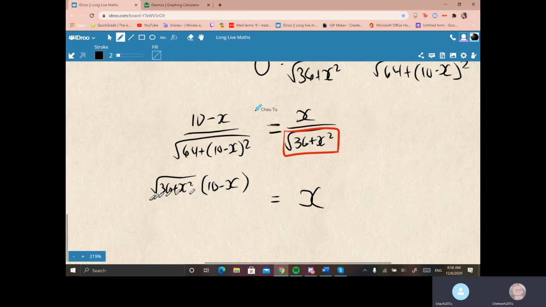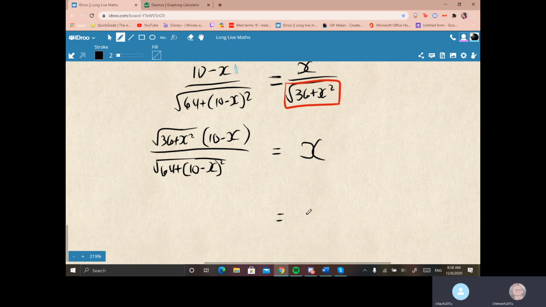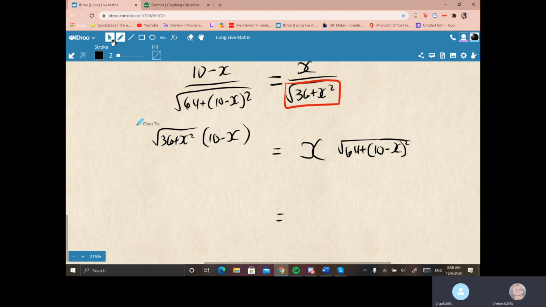Keep it nice and tidy. Okay. So now times both sides by the denominator. Can I just do this, Chelsea, and move it across? Is that okay? Let me just move this down so it looks nicer.